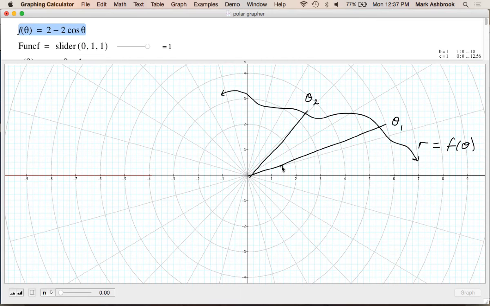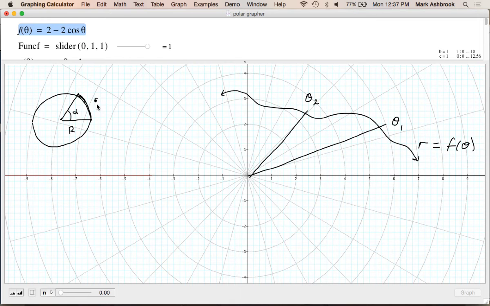Before we do that, there's one thing we had to brush up on in review: what is the length of a little arc length of a circle? If a circle has radius big R, and say we sweep an angle alpha in radians, what is that length right there?